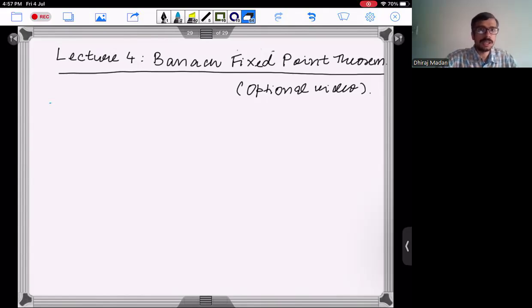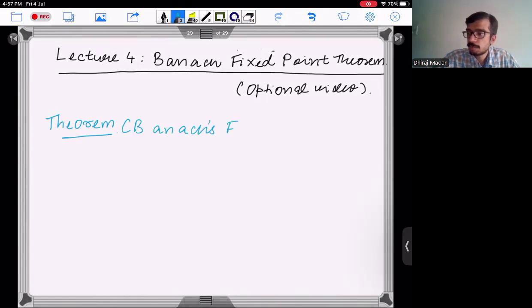So we were on Banach's fixed point iteration theorem. So let me first state that theorem again. This is known as Banach's fixed point theorem.